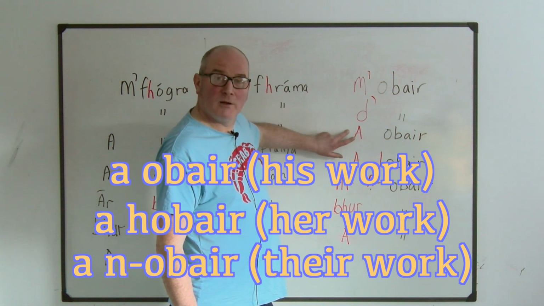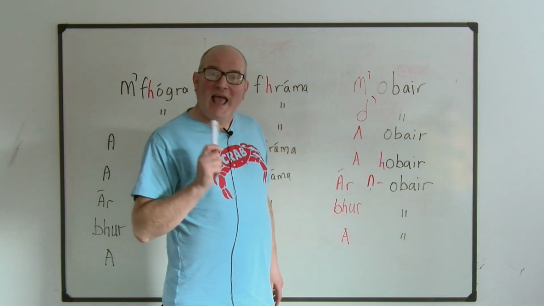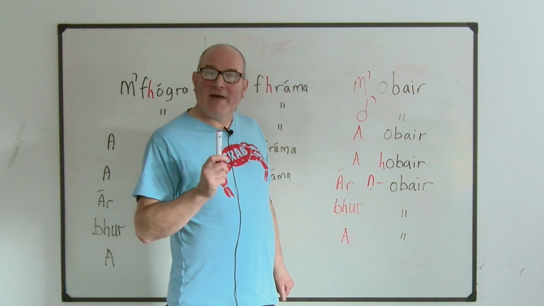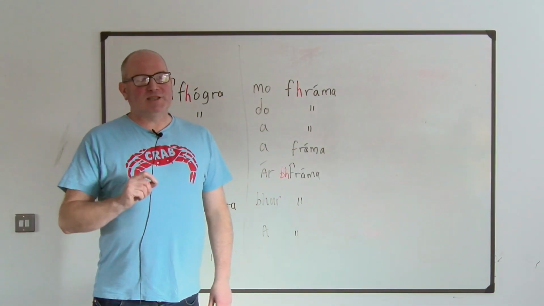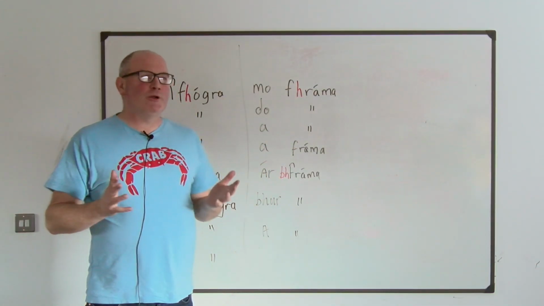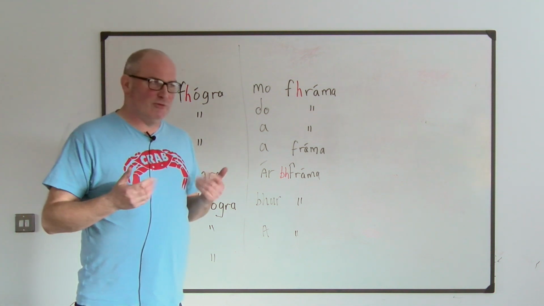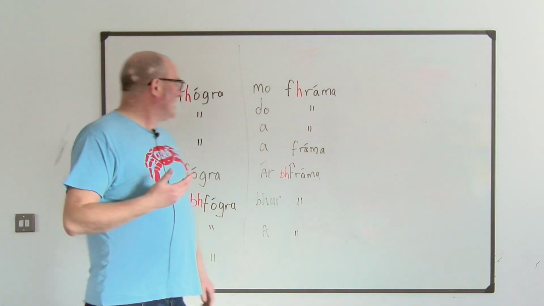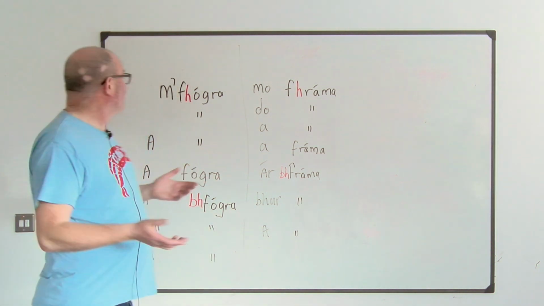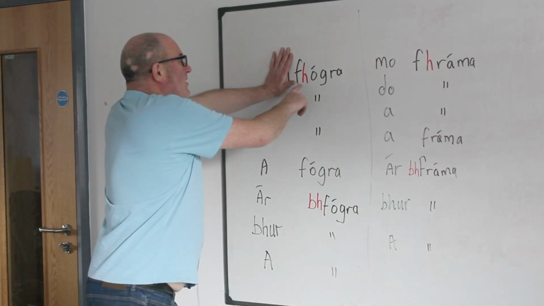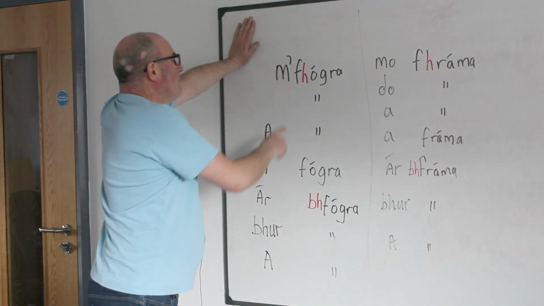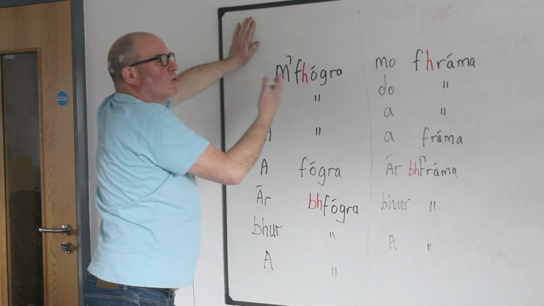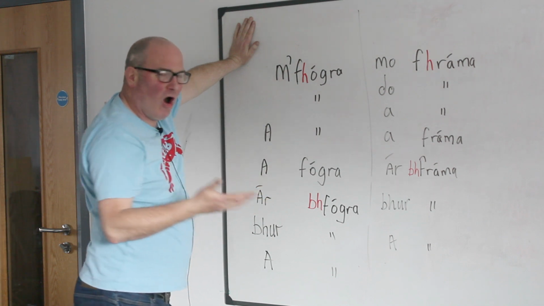So now I'm going to discuss the letter F in this case. And let's just see what the letter F does. F is a special case in Irish because when you put an aspiration in it, or séimhiú, FH becomes totally silent. So it's like a vowel almost. So when you put the H in there, if you were just using mo, it would be like mo fhógra. It's harder to say.